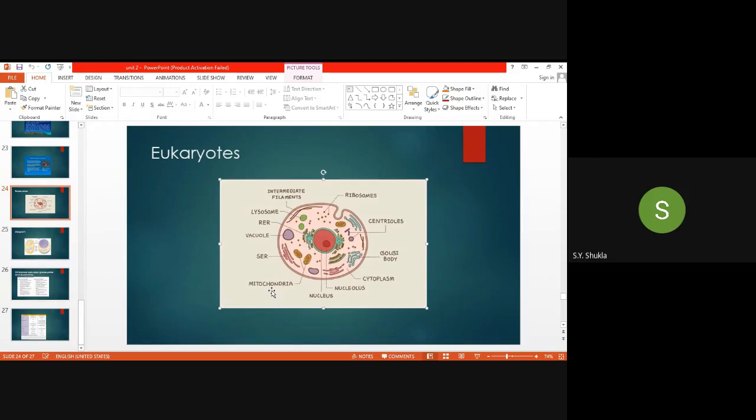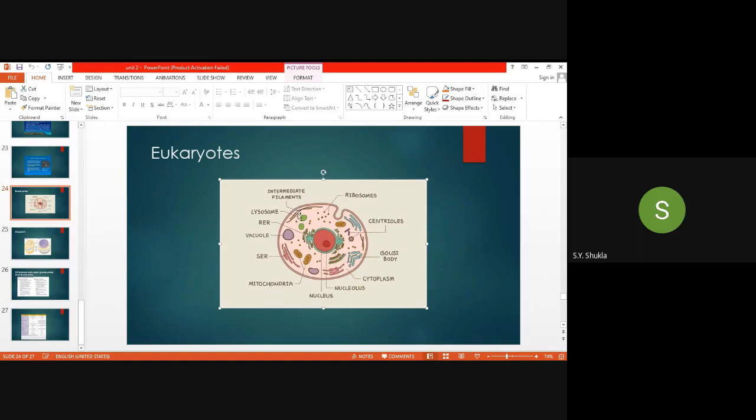Remember that in mitochondria some lipids are also synthesized, and apart from that, all the lipids are synthesized in the smooth endoplasmic reticulum. Then mitochondria is what? The powerhouse of the cell, because it synthesizes the energy in the form of ATP.